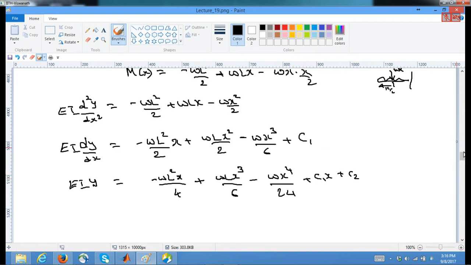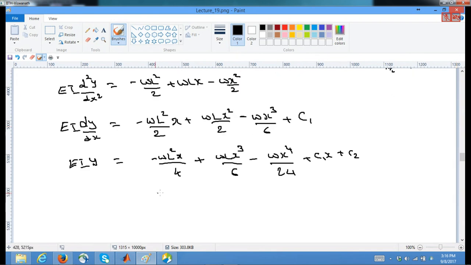The boundary conditions are at x equals 0, y equals 0 and dy by dx equals 0, which implies C2 is equal to 0 and C1 is equal to 0.